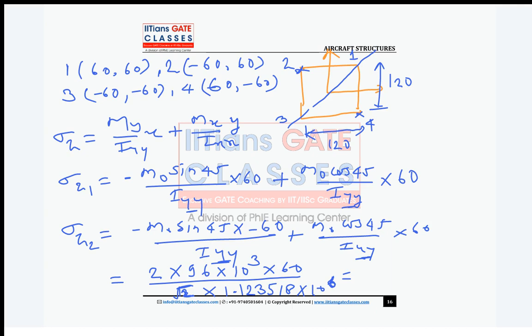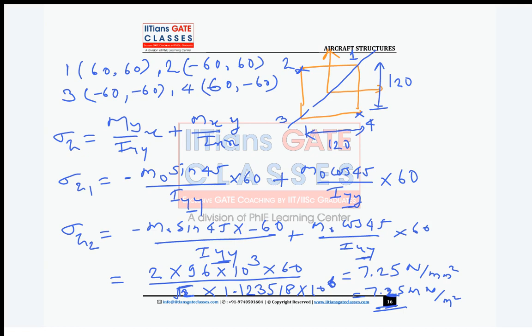So 7.25 Newton per mm square, which is nothing but 7.25 megapascal, which is Newton per meter square. Clear? So what is the answer, guys? Sigma Z2 will be your maximum bending stress, and it is 7.25.